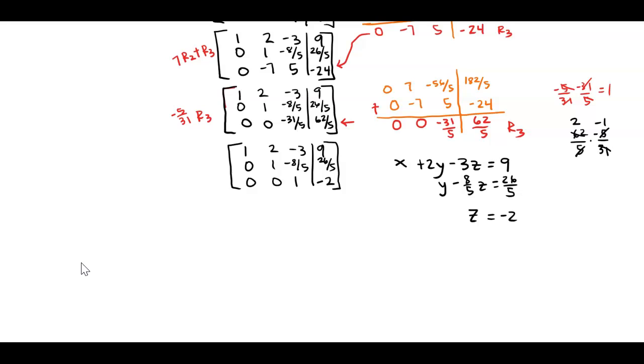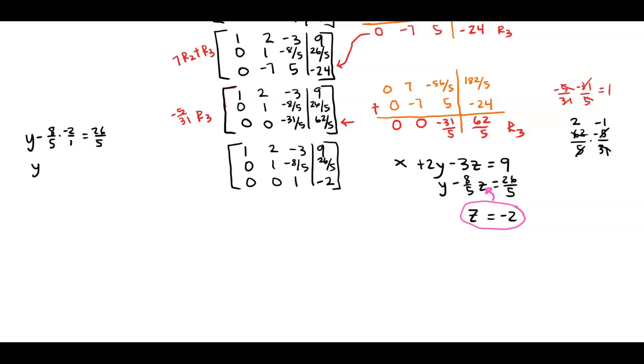Right? And so now I can just do back substitution from here. So I know that z equals negative 2, so I'm going to put that negative 2 in place of my z in that equation right above it so that I can solve for y. Okay, so let me do that over here. So I'll have y minus 8/5 times negative 2 over 1, right, because I'm timesing it by negative 2, equals 26/5.